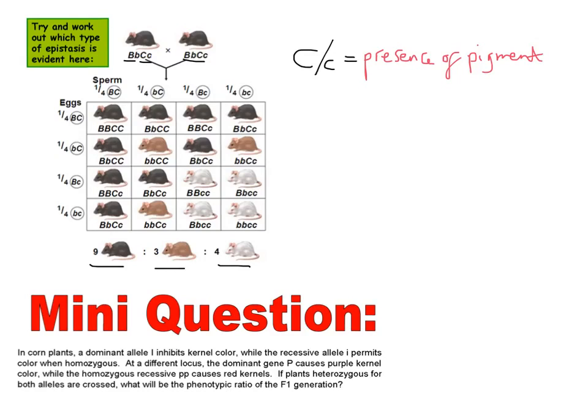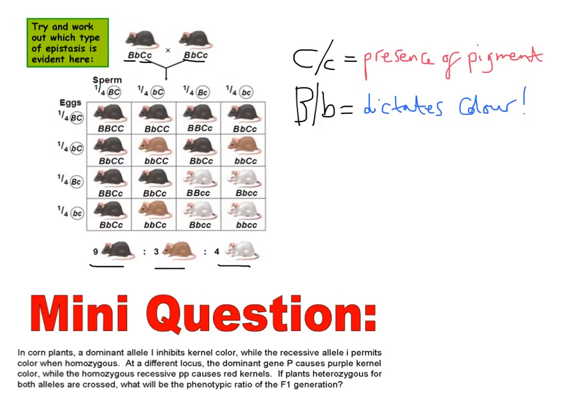And you might be able to spot that the big B and the little b dictates colour. So whether we're black or brown.